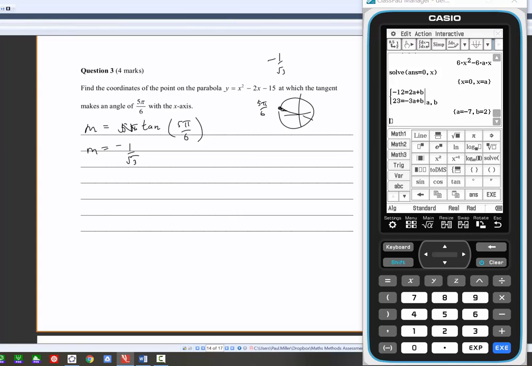So I want to find out when the derivative of this, what values of x does it have a gradient of this. So I'm going to go -1 over √3 equals this derivative, 2x take 2. Probably not going to do that by hand. Let's define my function.